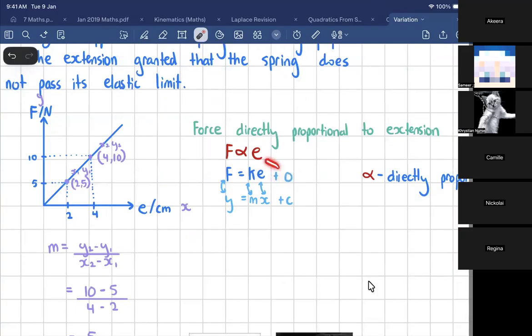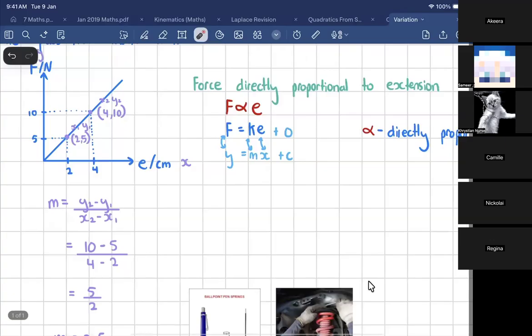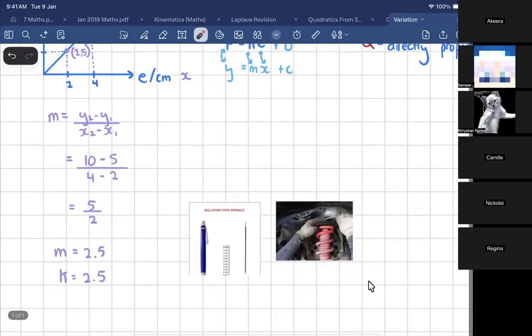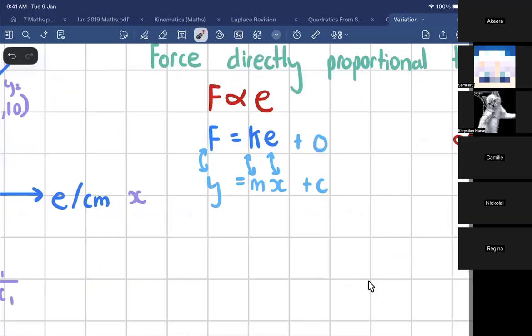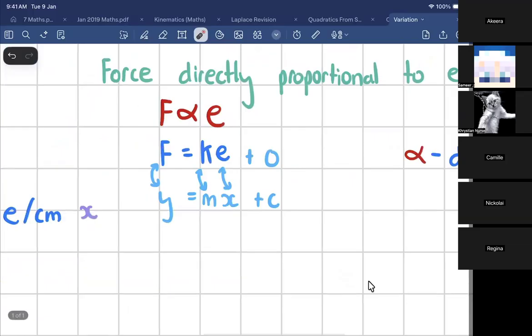So just by comparing it to this, if you want to find the k value, which is the constant of proportionality, you have to find the gradient. Now, when we found the gradient, what did we find it to be? 2.5. And when you're comparing F is equal to ke to y is equal to mx plus c, the gradient, what did m represent?